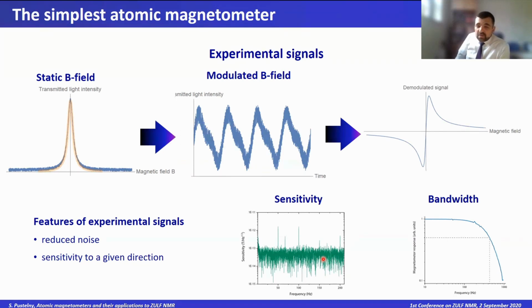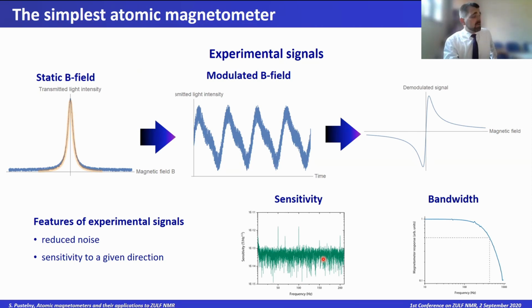It shows a sensitivity of between 40 and maybe 50 femtotesla per root hertz, and at the same time a bandwidth with a cutoff frequency at maybe 450 hertz. This is extremely important and interesting in the context of zero field measurement, zero field NMR.